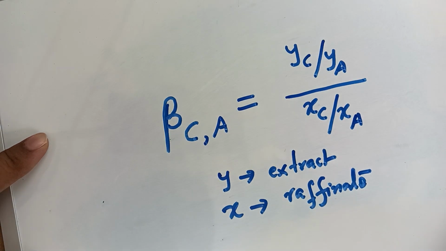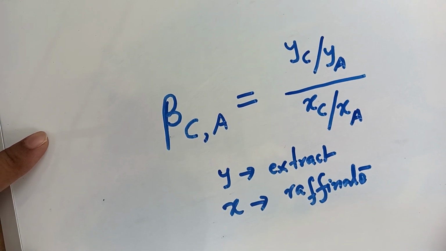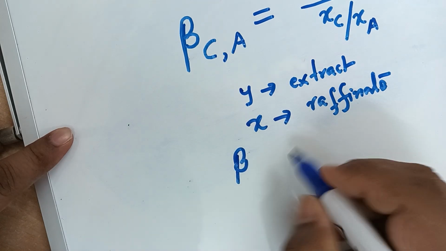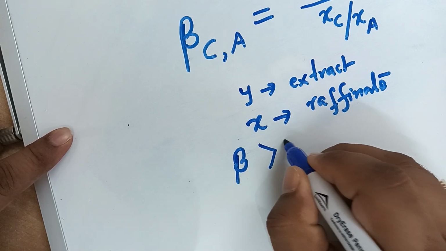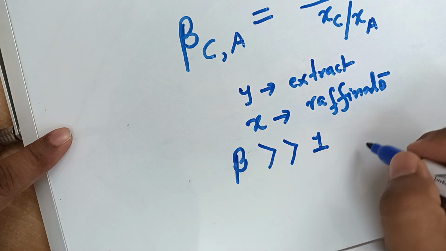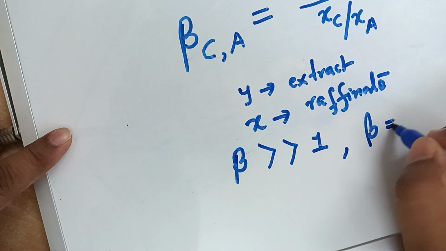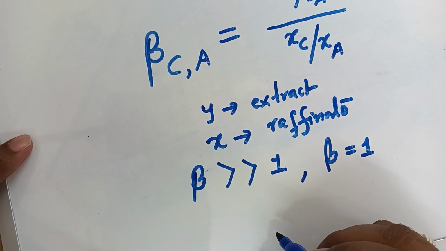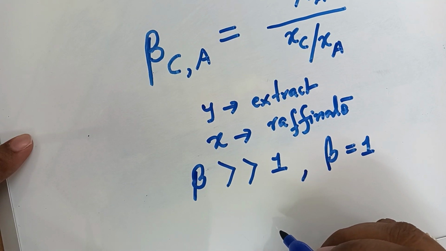That is how selectivity is mathematically represented, and the value of selectivity beta should be far greater than 1. If the value of beta is equal to 1, then separation via solvent extraction is not possible.